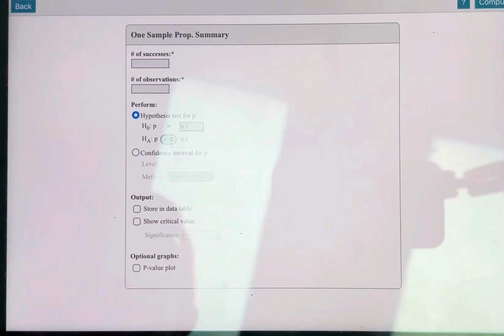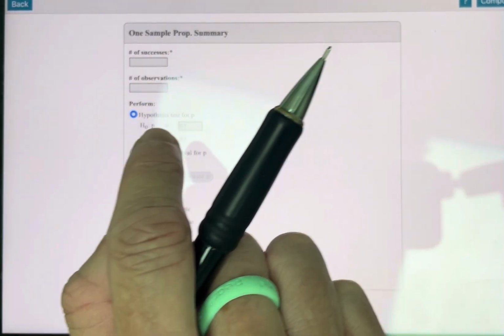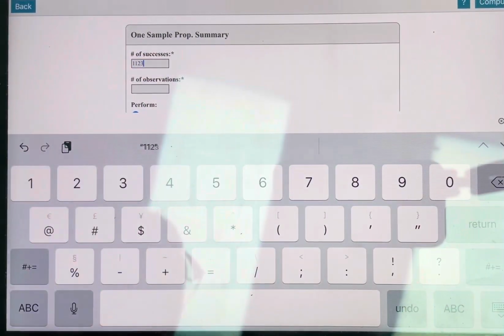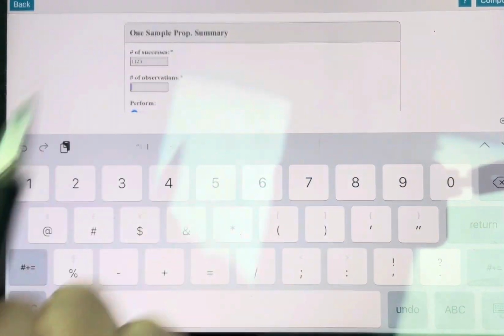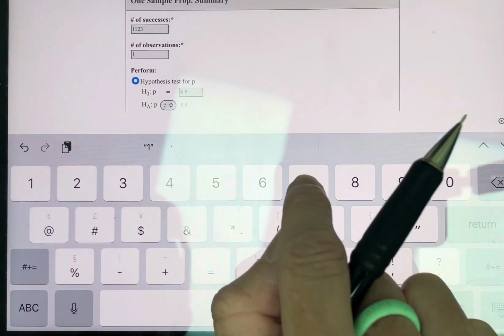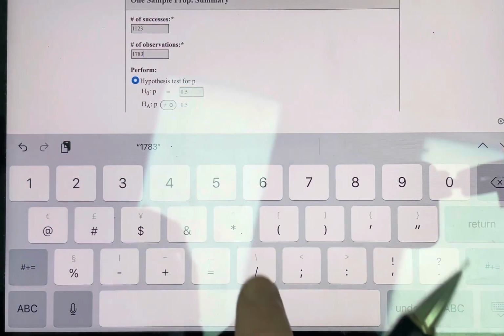We already know how many said yes, and we already know the total number. So with summary, and we get to this box, number of successes. Well, our number of successes was 1,123. Now, how many observations were there? Well, we asked 1,783. Hope I got that right. People.